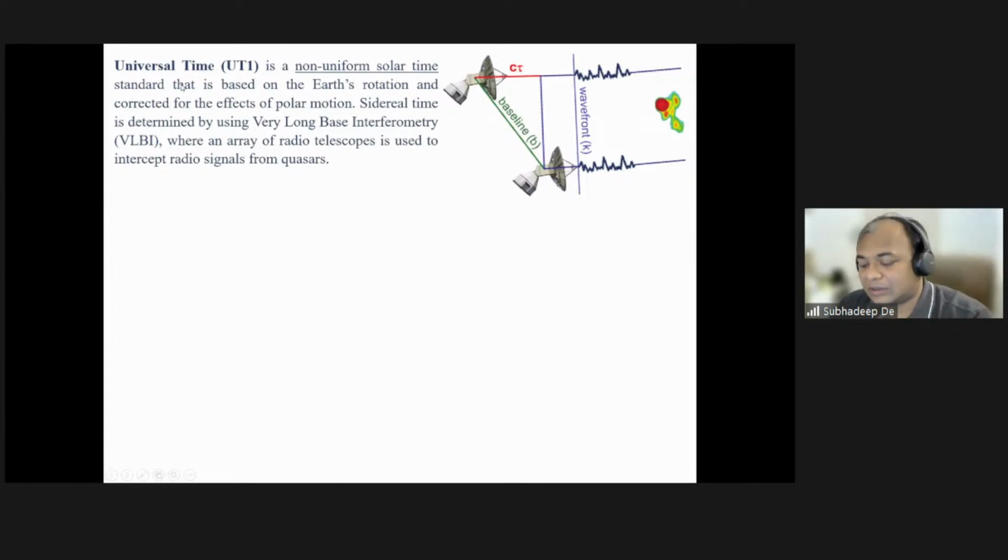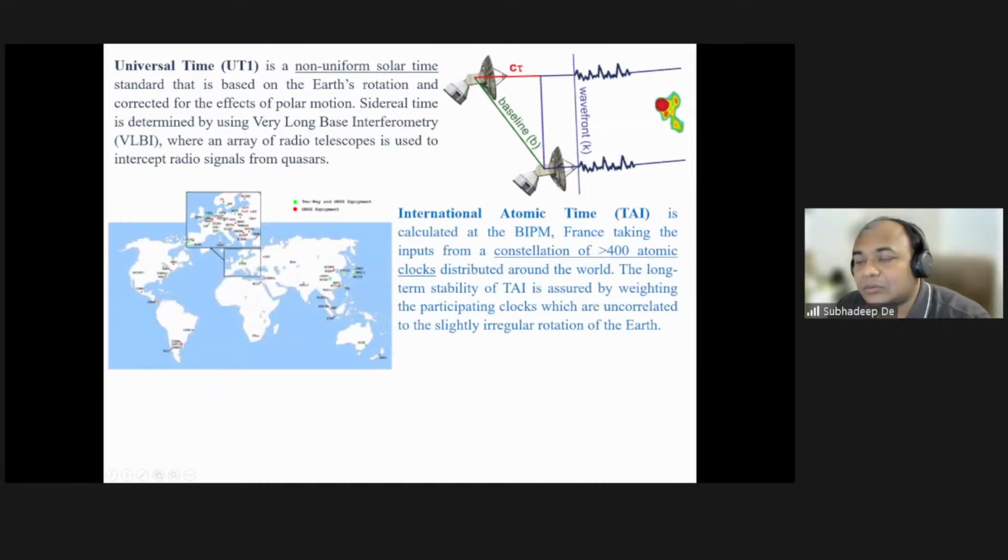It's called universal time. But in today's world, we maintain the international reference time using atomic clocks. The previous one was solar time, which we measured through VLBI, but now the time scale is maintained by atomic time. Atomic time has nothing to do with the solar time. The two things are completely independent. One is just an atomic clock, which is sitting on Earth or somewhere else, and one is just the rotation of Earth.